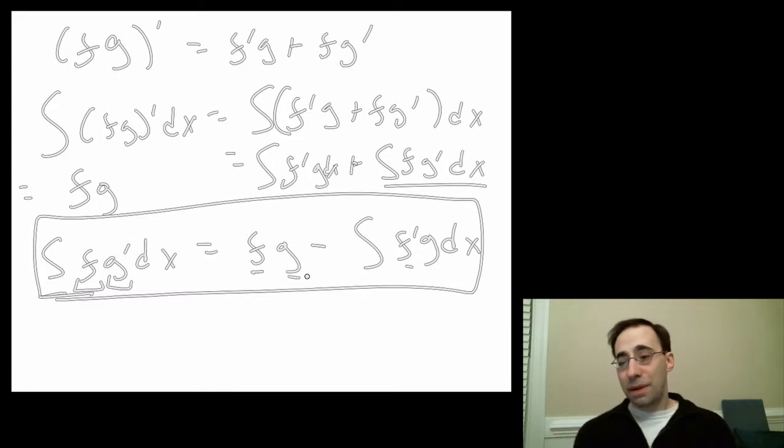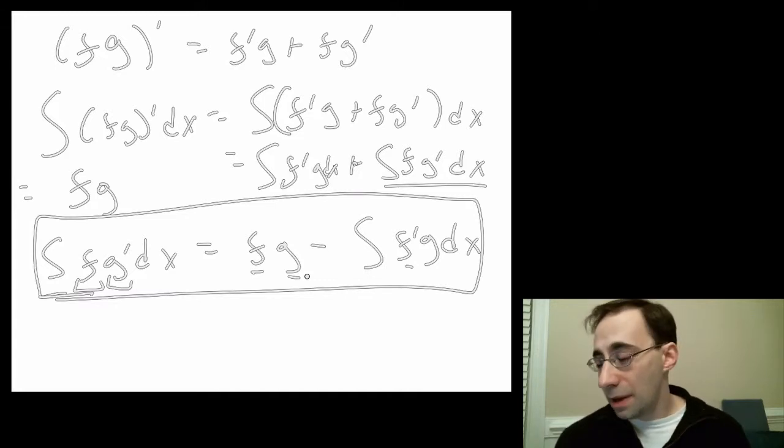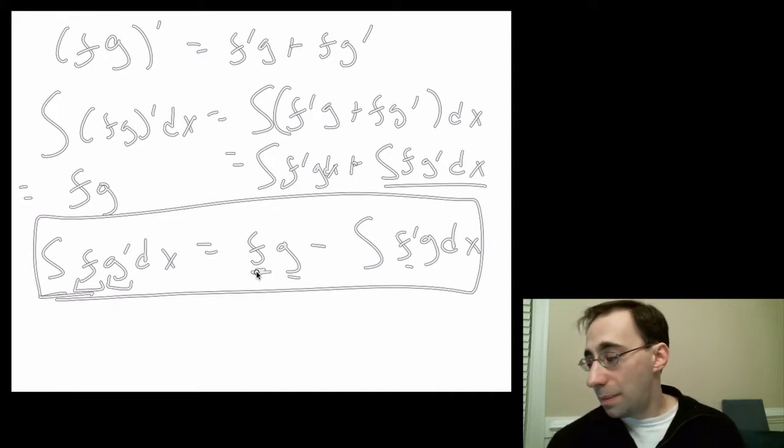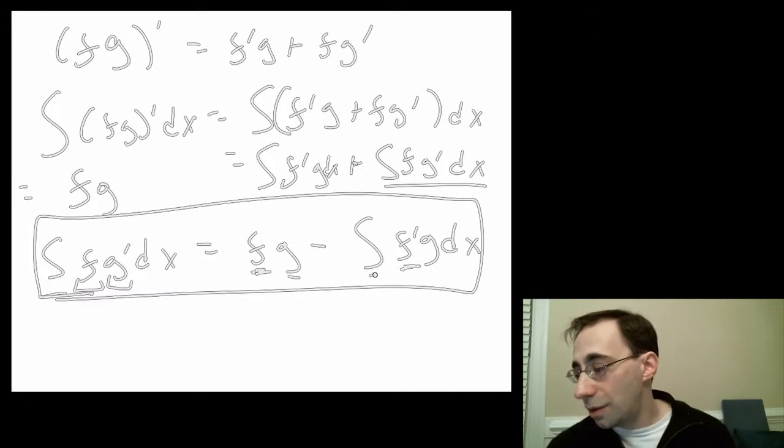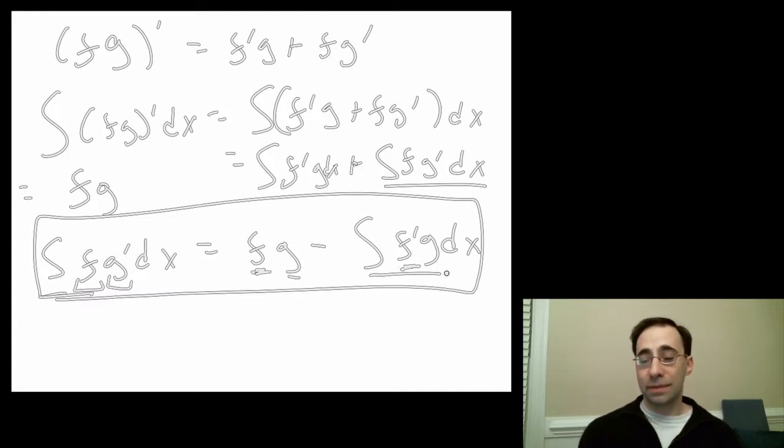One, your best benefit for f is going to be to use an f that's going to get less complicated when you differentiate it, right? So over here, f stays the same, but in the new integral you have to calculate, f becomes f prime. So if you can get something that simplifies, then this new integral might be easier than the old one.